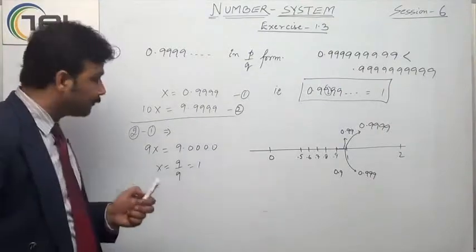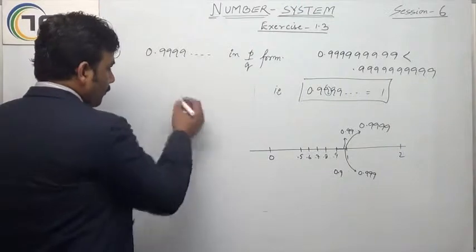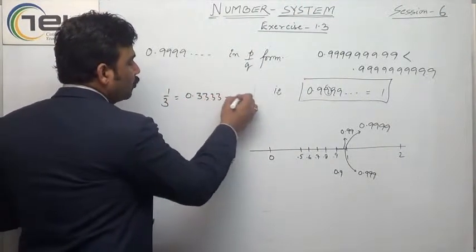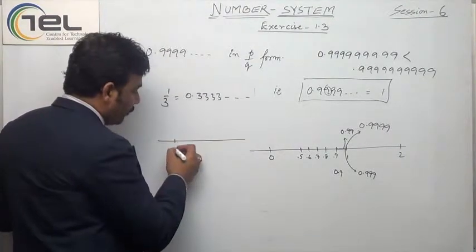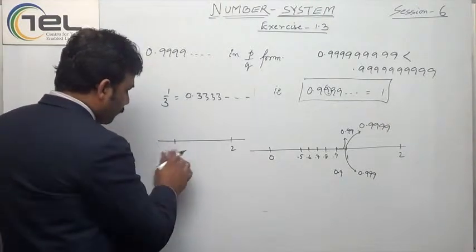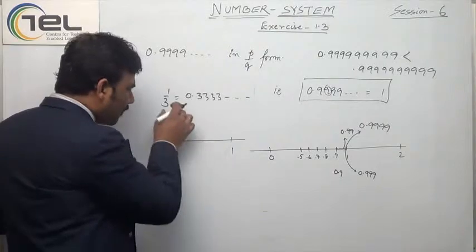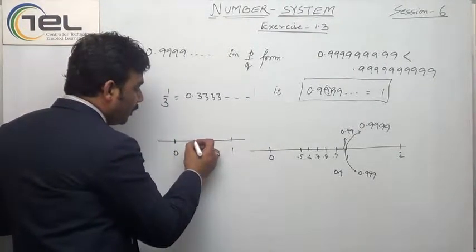If I write, say, 1 by 3 is 0.3333 and so on. On the number line, if this is 0, this is 1, this is 2. So 1 by 3 is nothing but dividing this into 3 equal parts.